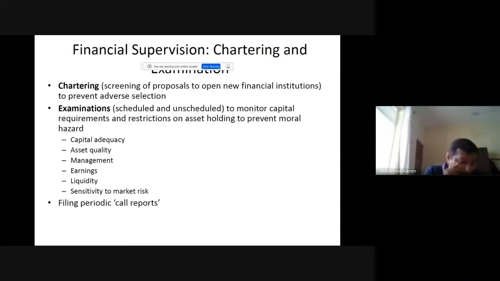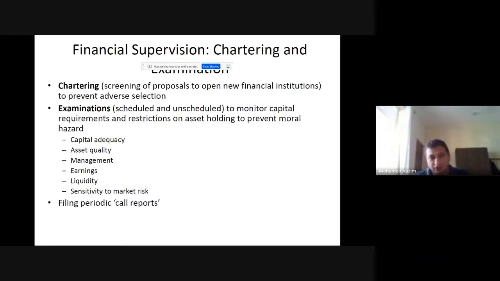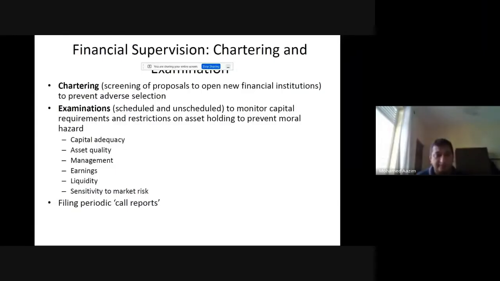Examination is very interesting because there are concepts called on-site and off-site examination. On-site, you visit the site and do the examination. Off-site, you don't visit, but the financial intermediary has to submit regular reports to the financial regulator. Through such regular submission, the financial regulator knows the health of the financial intermediary.